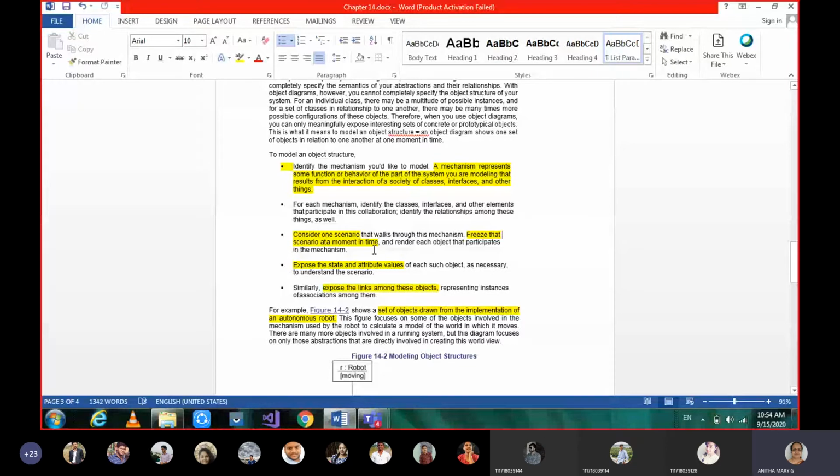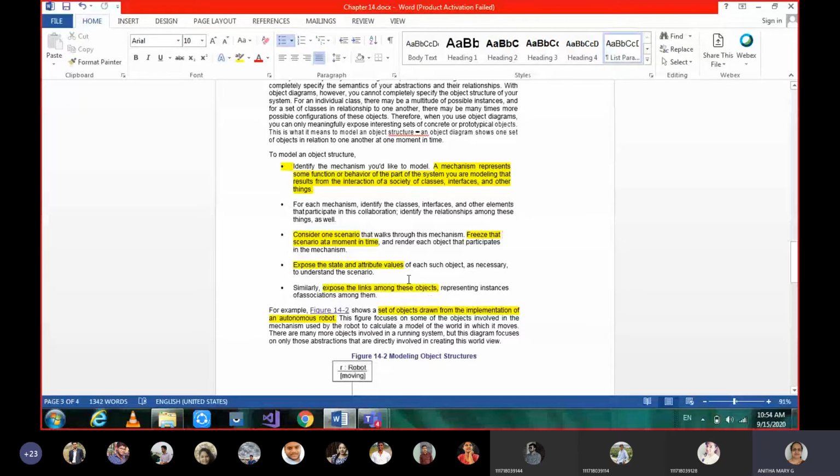Only one scenario we are considering, and at one particular point of time, what the object is participating in and its details will be seen. We have to give the state attributes of each object under that particular scenario. Not only that, we also should give the links. Links are nothing but our relationships, the connections among the objects.